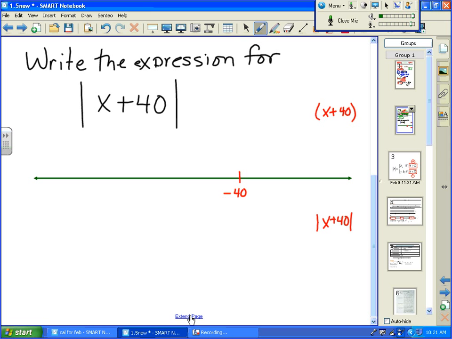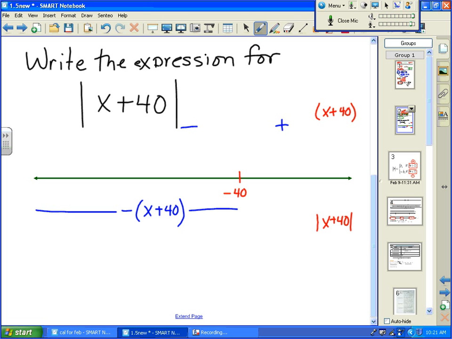All right, what will be the sign to the right of negative 40? And then, of course, negative for the left. Okay. So, if it's negative, what's my absolute value going to be in this region here? x plus 40.